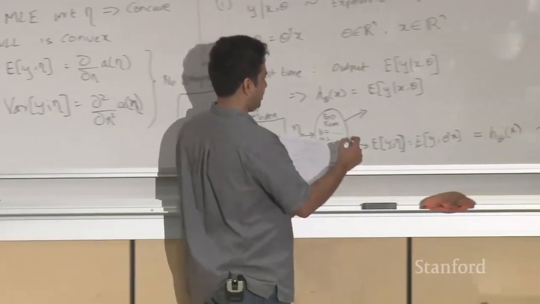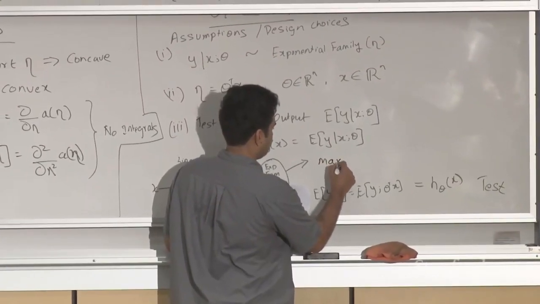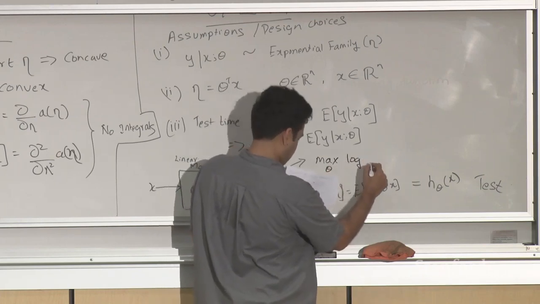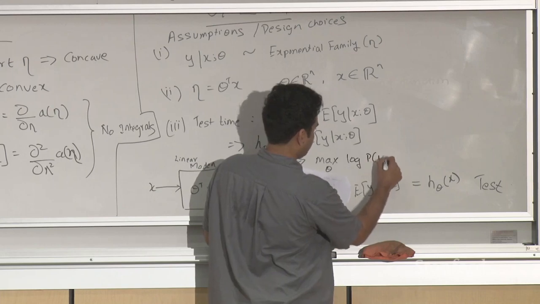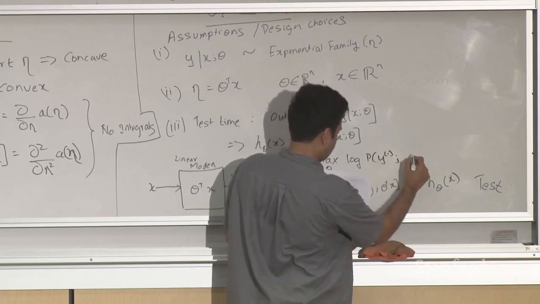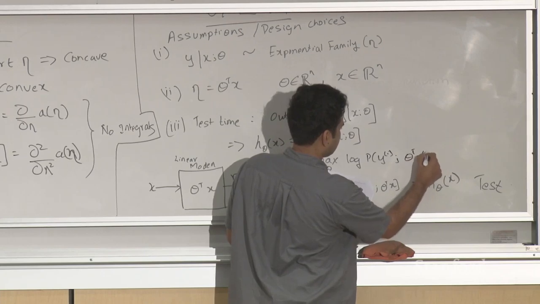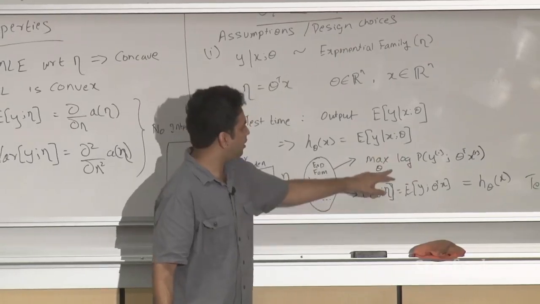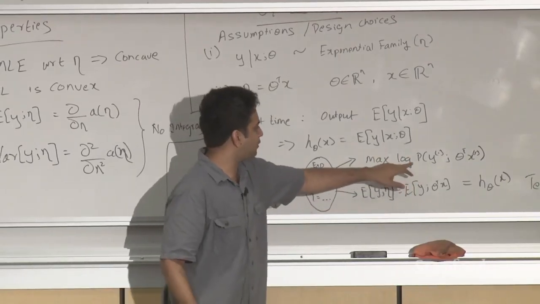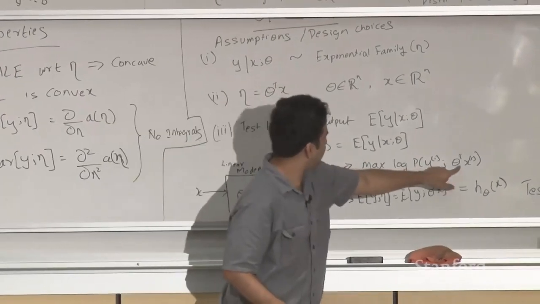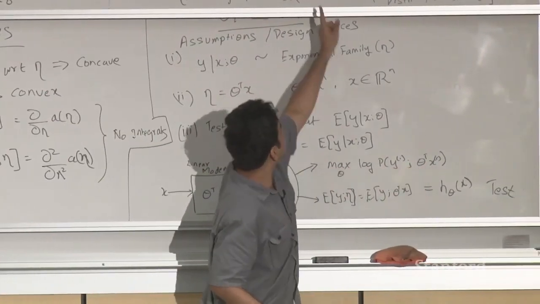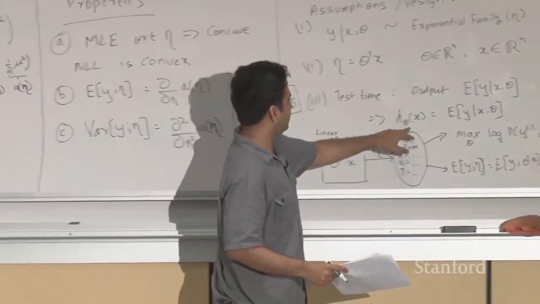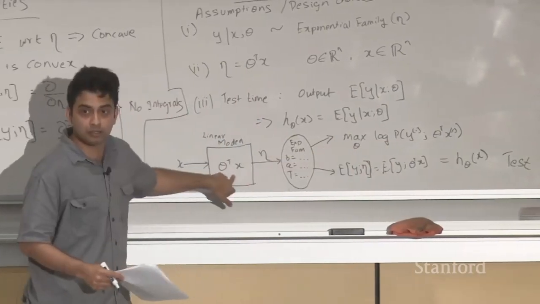So during learning, what we do is maximum likelihood: maximize with respect to theta the log p of y^(i) given x^(i). So we are doing gradient ascent on the log probability of y, where the natural parameter was reparameterized with a linear model, and we are taking gradients with respect to theta.